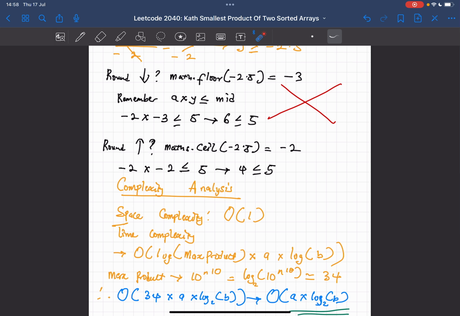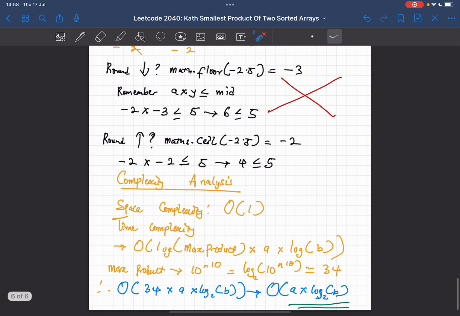Remember, the maximum product is the possible maximum product we can have, and log of 10 raised to power 10 base 2 is approximately 34. And so our time complexity becomes 34 times a times log b base 2, which then gives us big O of a times log b, which is our final time complexity.